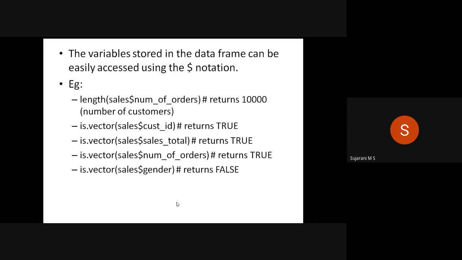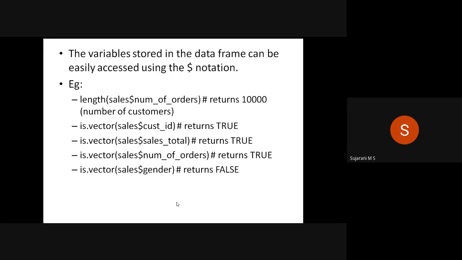The function length, in brackets, specifies the data frame sales. Look at the dollar symbol, number of orders. That means it returns the total number of orders in that sales data frame. So its value returns 10,000. 10,000 customers are in that data file.